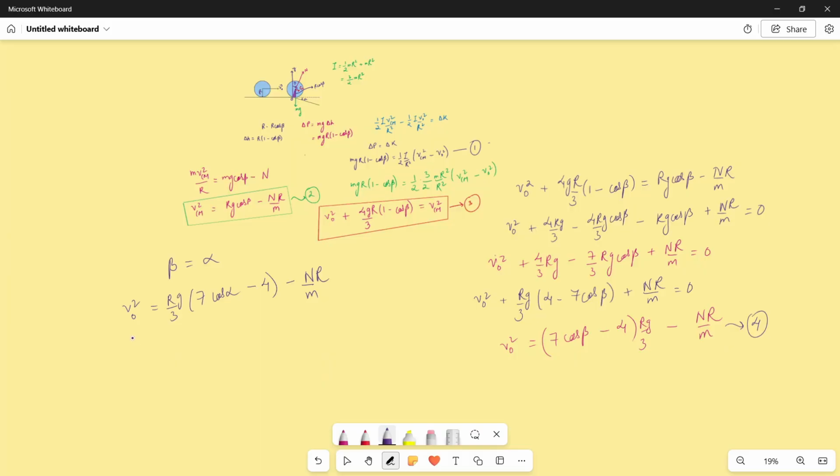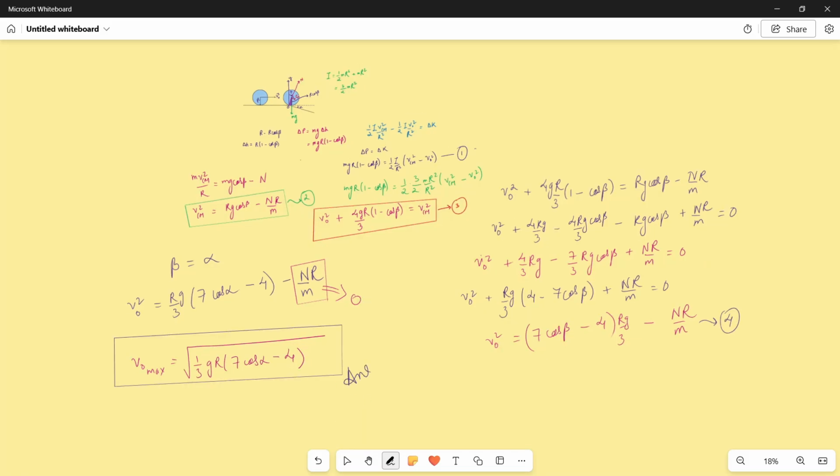For v naught to be maximum, we have to let this term be equal to 0. Therefore, we have v naught max equals root over 1 by 3 gr(7 cos alpha minus 4). And this, my friend, is our answer.